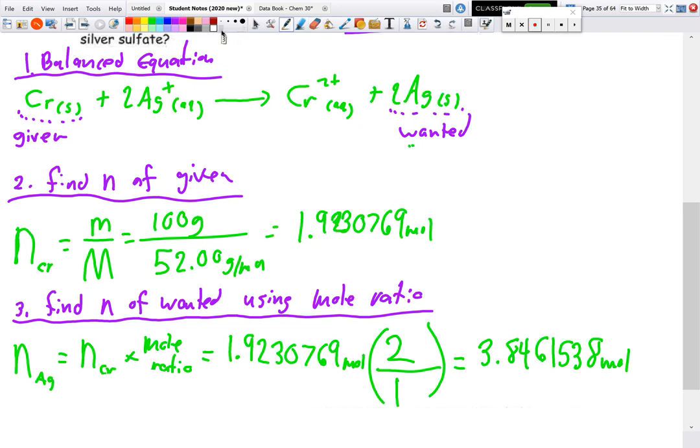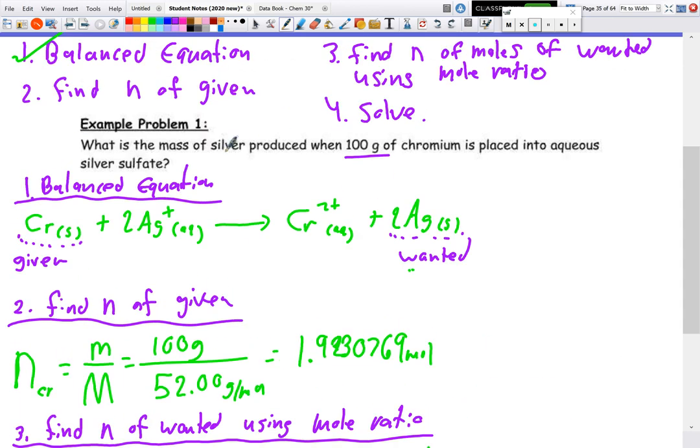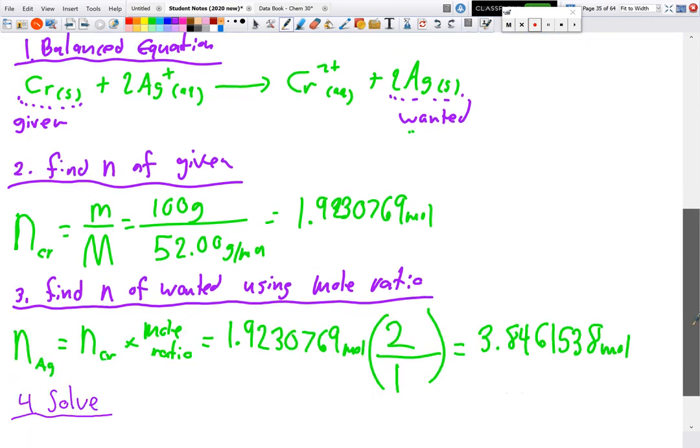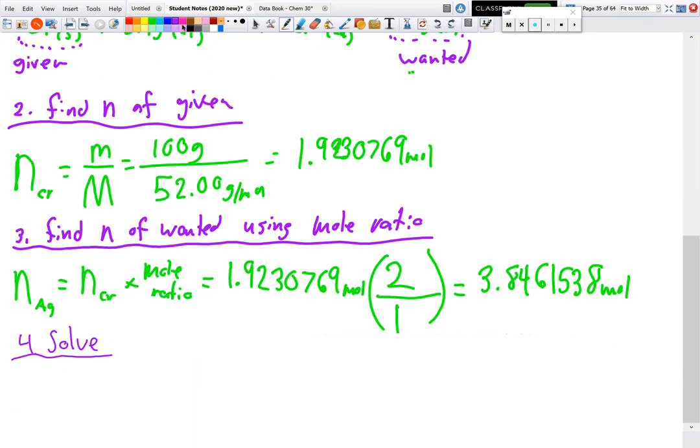And our last step is to solve the question. So what is it asking? We go back up and read, and it says what mass of silver is produced. The equation for that is mass is equal to the number of moles times the molar mass.